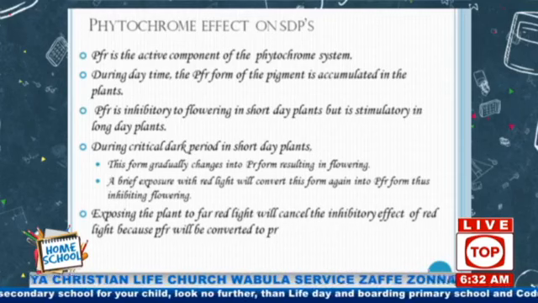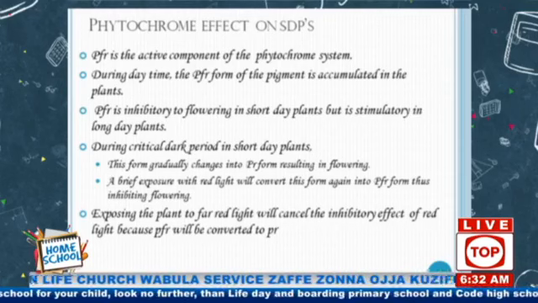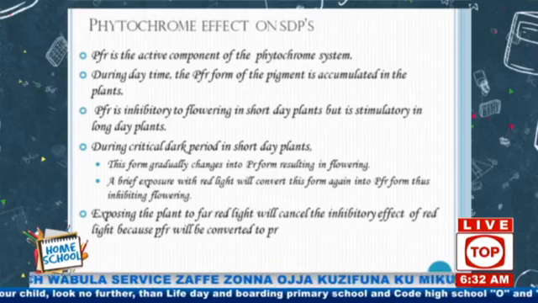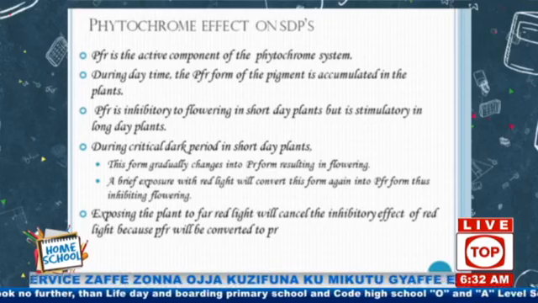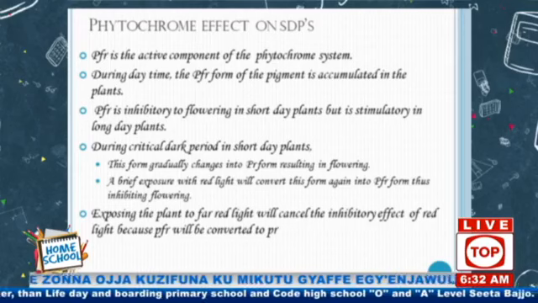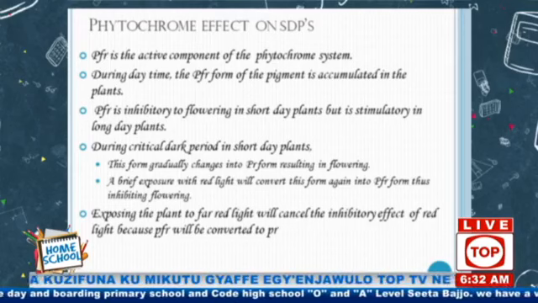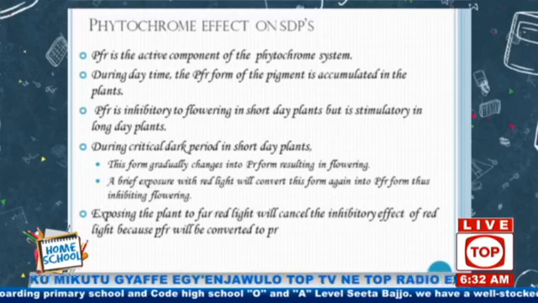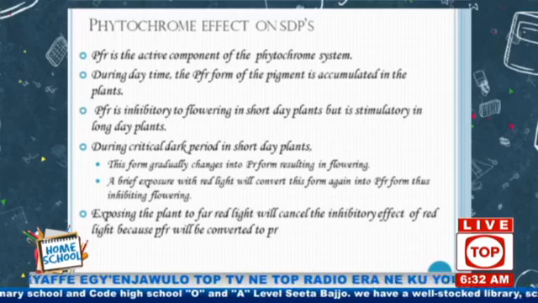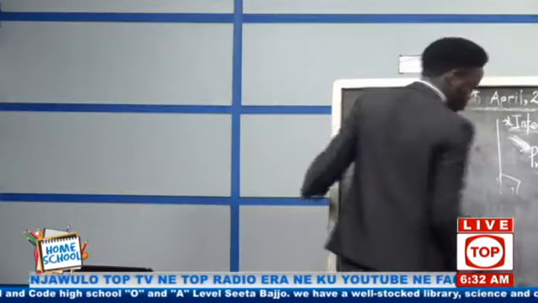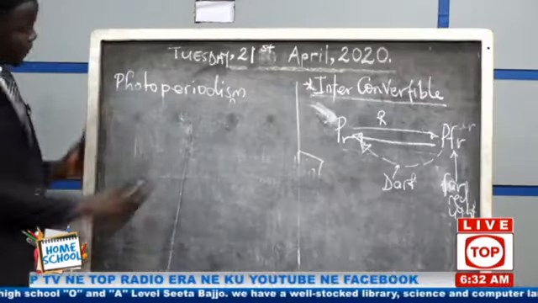Now, remember we have said that phytochrome red absorbs red light during the day. Please put me back on the screen. We are saying phytochrome red absorbs red light. Let me make this a bit bigger.